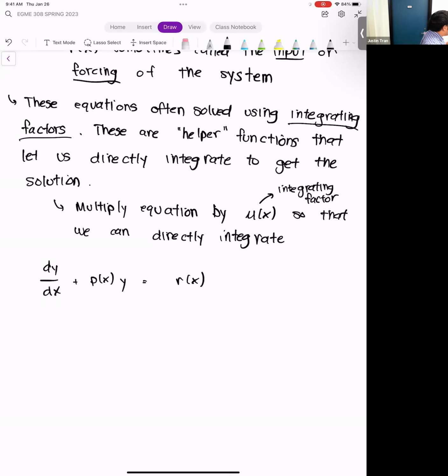Our left-hand side is in a form that we can't directly integrate. Let me change this up. What if instead our left-hand side looks something like y prime mu plus mu prime y?